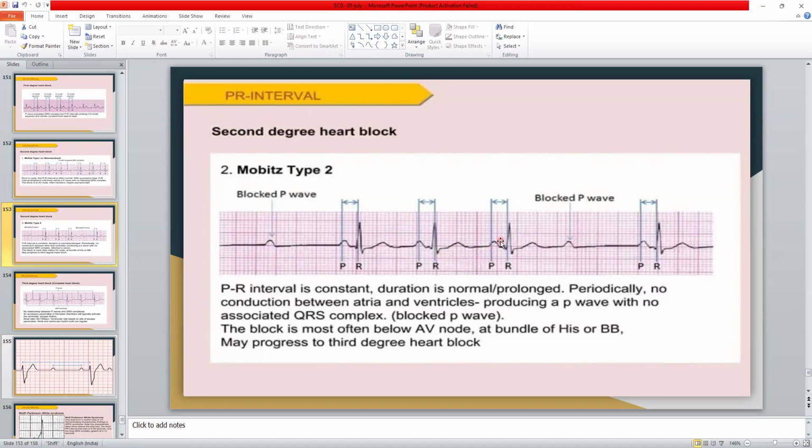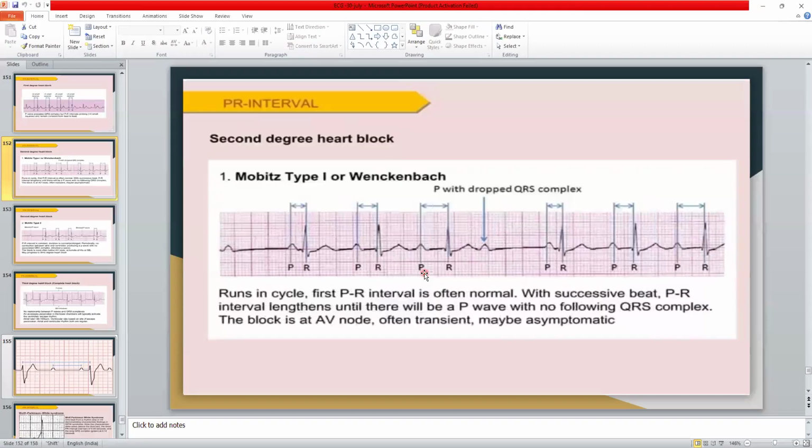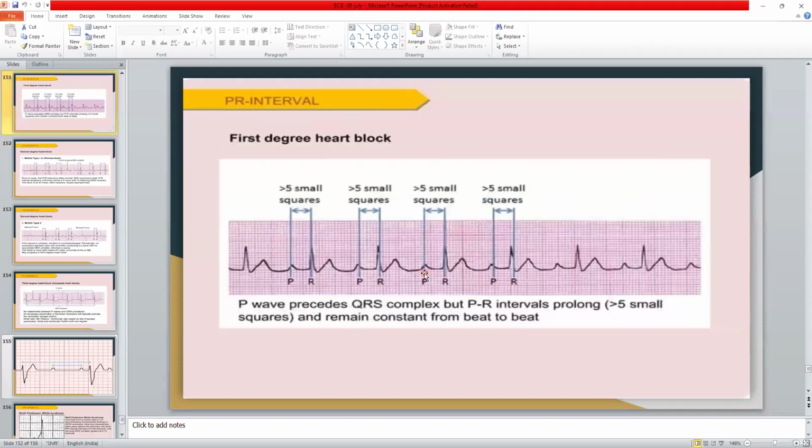When there are two normal QRS complexes, you take the RR interval between the two normal complexes, then you will get the heart rate. Same in type 1 also.